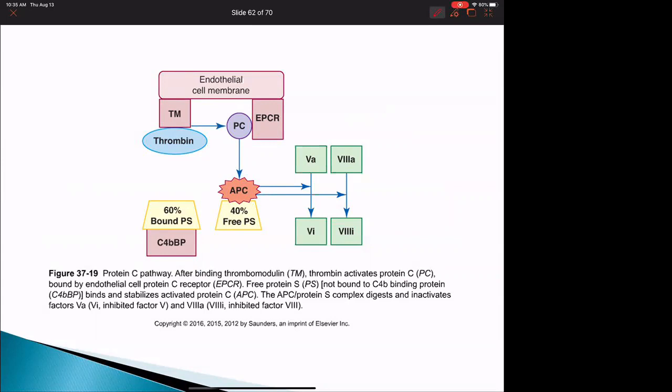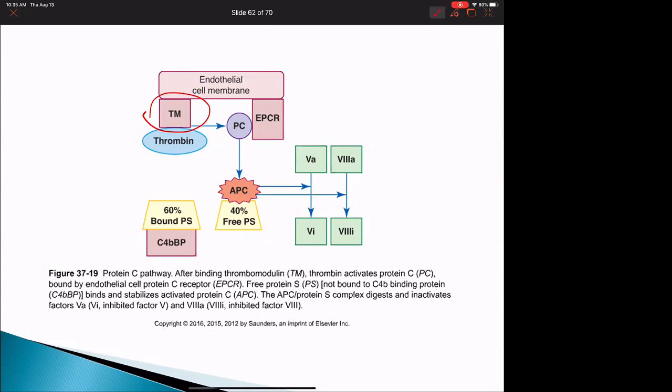Next is the protein C pathway activation. So after the thrombomodulin thrombin complex, basically here, for this protein C pathway to occur, we need thrombomodulin.